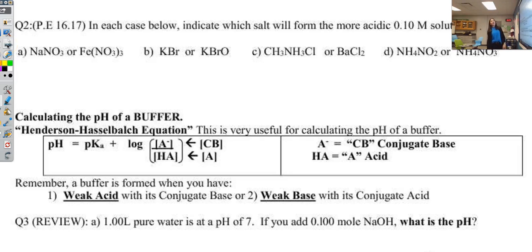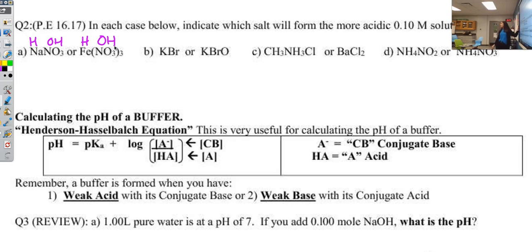In each case below, indicate which salt will form the more acidic 0.1 molar solution. So what you're going to do here is you're basically going to do the HOH and the HOH over here. Now what I want you to do is figure out if it's going to be acidic, basic, or neutral.